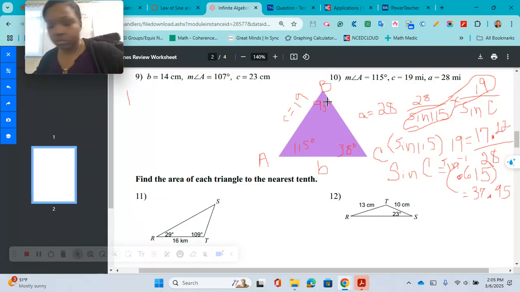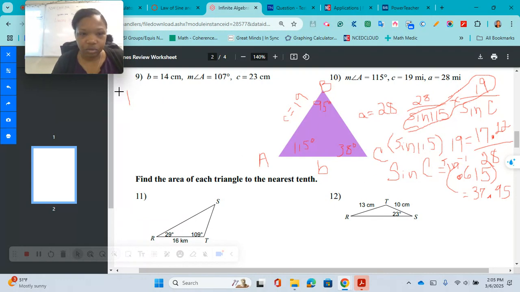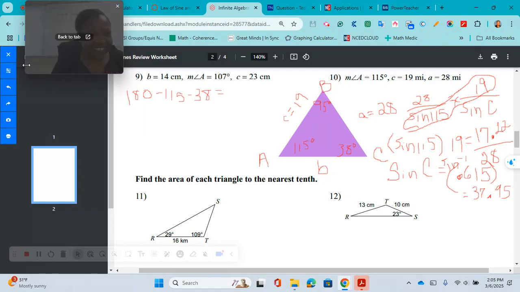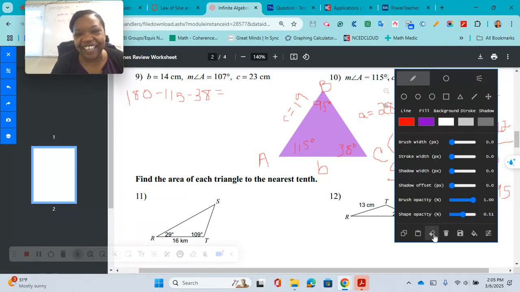It's 180 minus 115 minus 38, which is 27. What are you doing, James? I know actually how to put it. I was just lazy. But look at where laziness gets you.